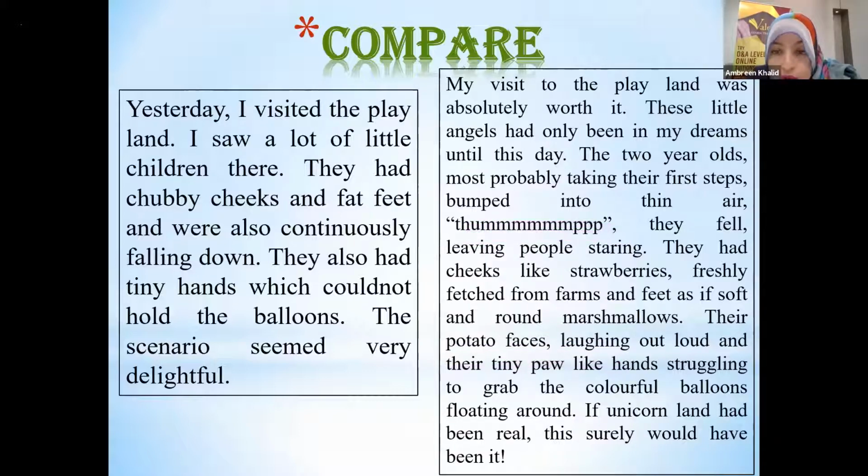If you are not going to use figures of speech, your paragraph or your composition would look just like the first one. And if you add figures of speech, just look at the vast difference it's going to create. Obviously you would like to create an impression on the examiner by writing just like the second one. Am I right? Yes. All right.